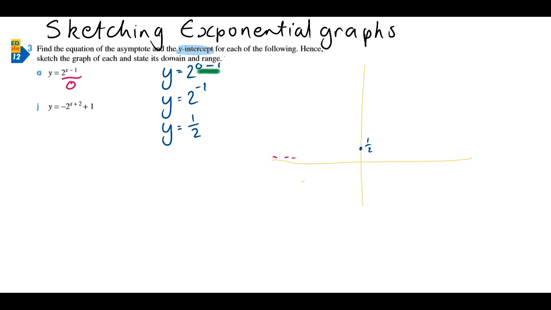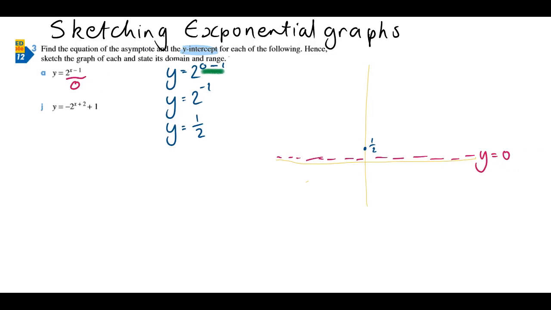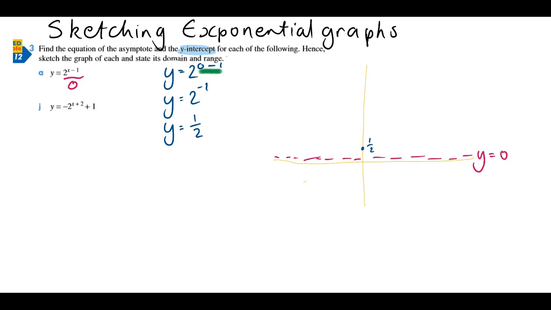So I draw a line, and I'll label it y equals 0. And that's the y-axis essentially. Okay, sorry, the x-axis essentially when y equals 0. Okay, so my asymptote is y equals 0.